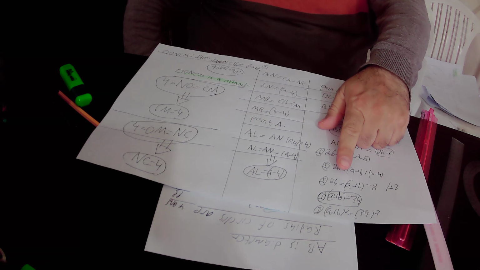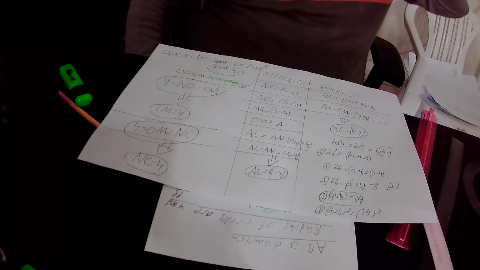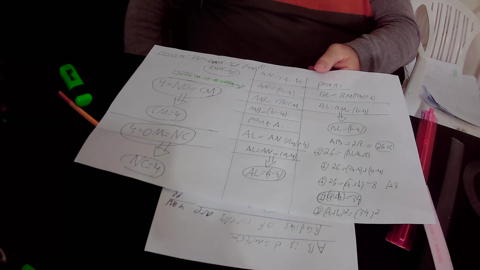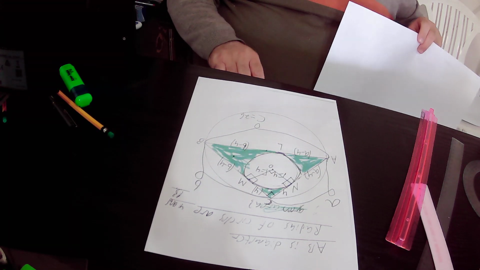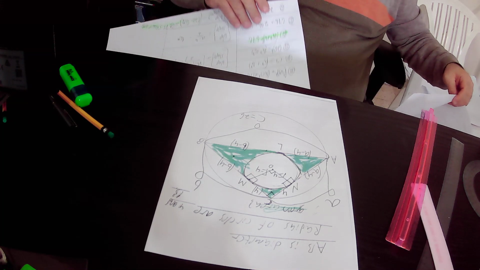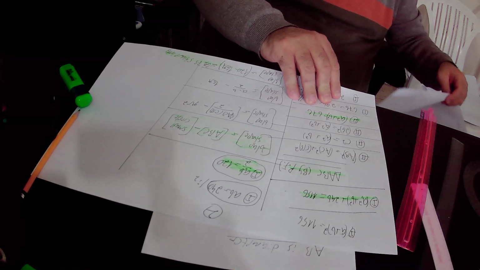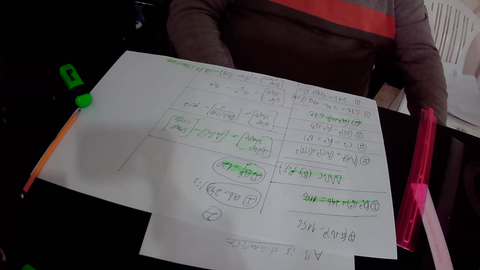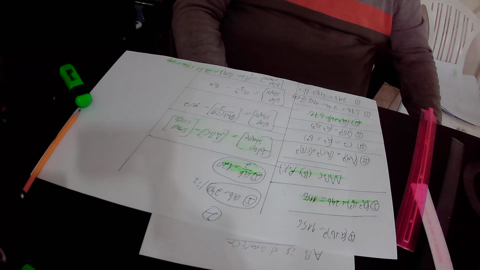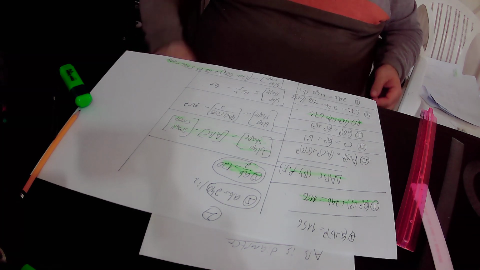We squared this equation, equation number 1, and we found out that (A plus B) squared equals 34 squared. 34 squared is 1156.